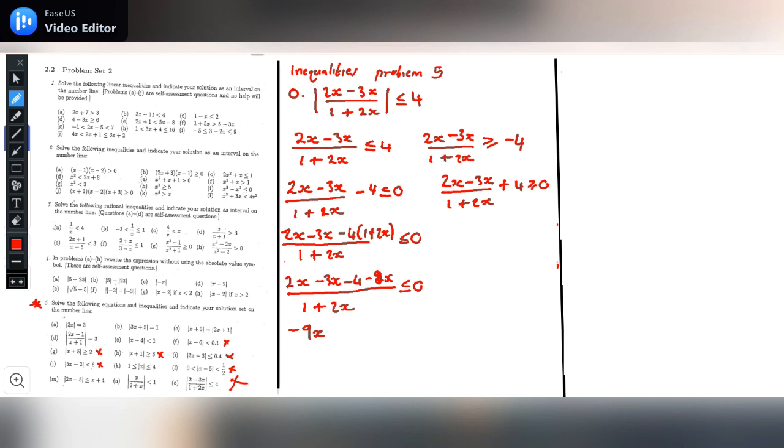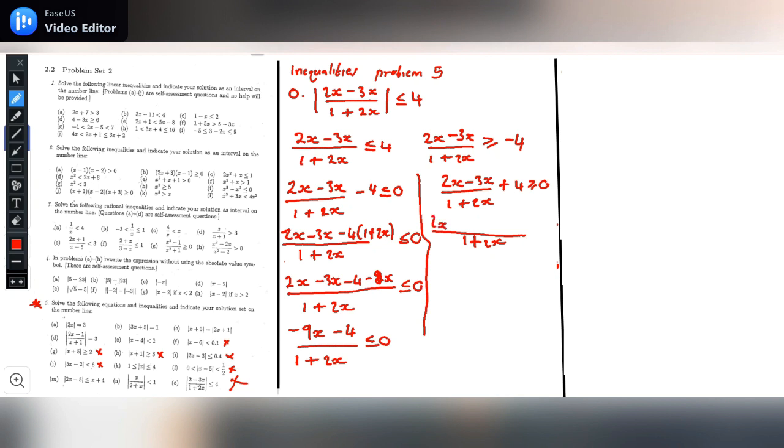Then minus 4, 1 plus 2x, 0. Then here we have 1 plus 2x, right? Let me do this and be correct.